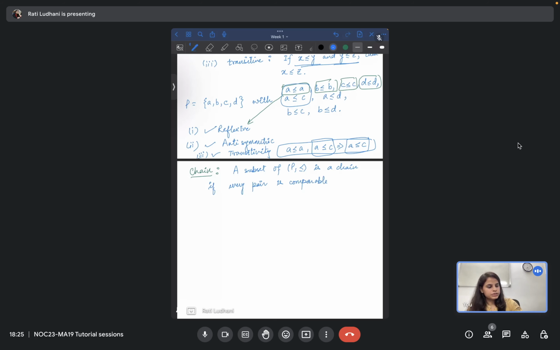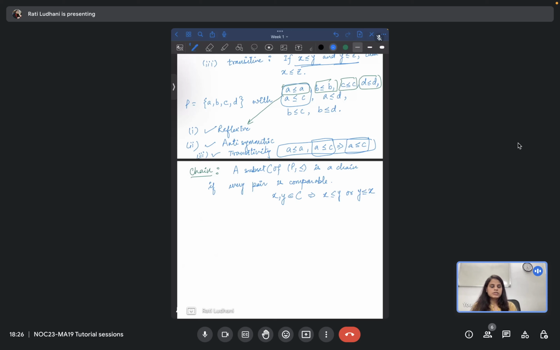So exactly what you said, if you have x and y belonging to a subset, let's say denoted by C, that means either x is less than or equal to y or y is less than or equal to x. So all the pairs we have in the chain are comparable.